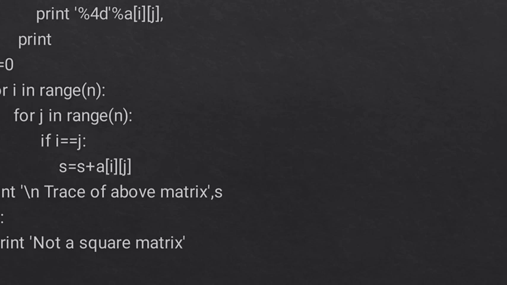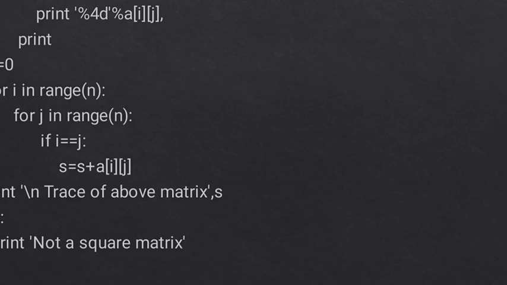Then we print the trace of the above matrix is s. So in the first step we have s is equal to s plus a i j. Suppose i is equal to 0 and j is equal to 0, that first element becomes s.